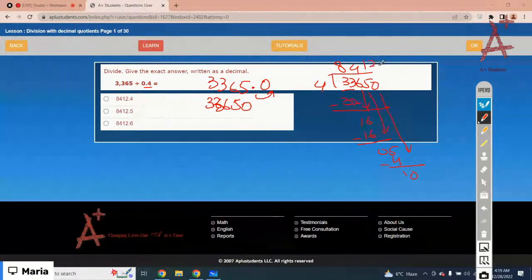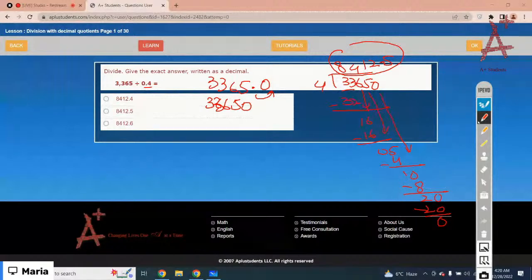So you have to do 4 times 2 is 8. You don't have another digit to bring down, so put a decimal point over here and a 0 over here. So 4 times 5 is 20. Got it? So the answer is 8412.5. So option number 2 is the correct option.